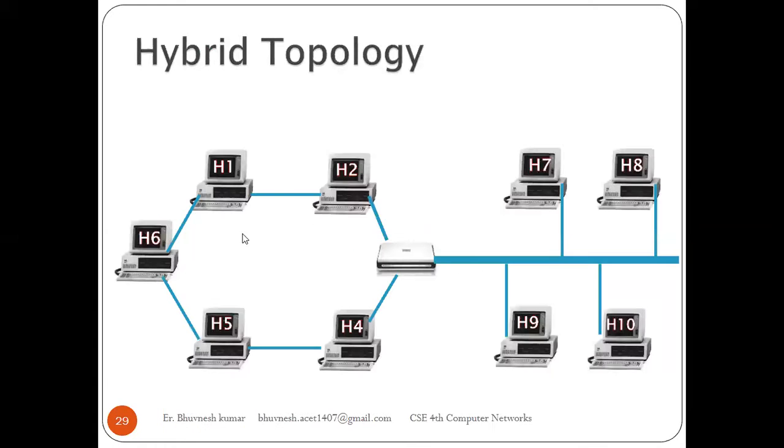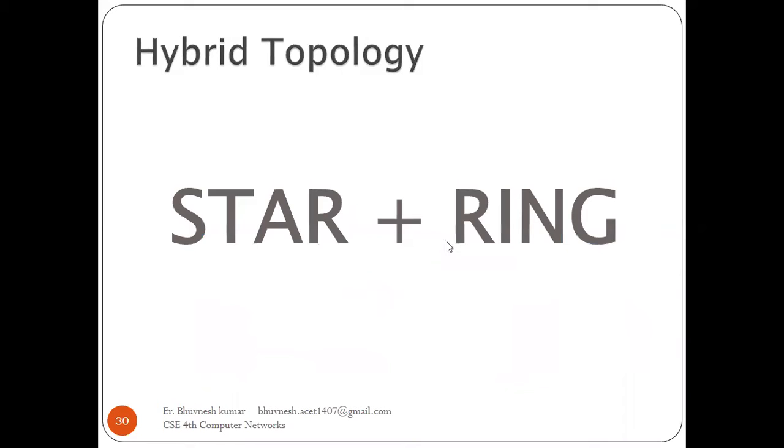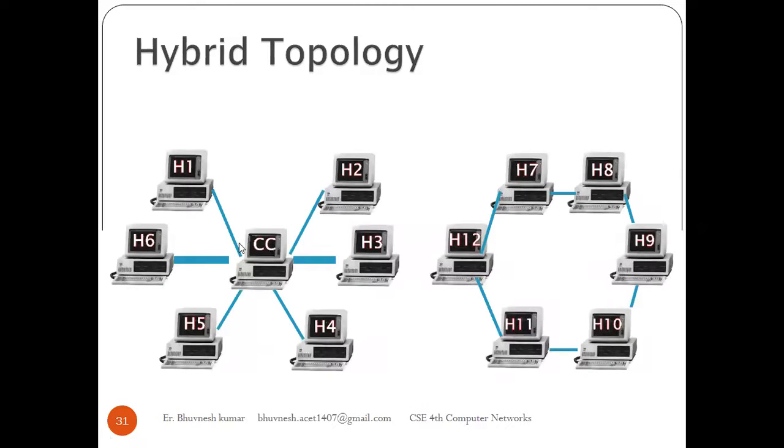This is your ring, and this device can be a router or a switch, and it is connected with the bus topology. That is a combination of two, ring plus bus. Further, star plus ring also makes a hybrid. This is your star, this is your ring, and the connection is made using a device.